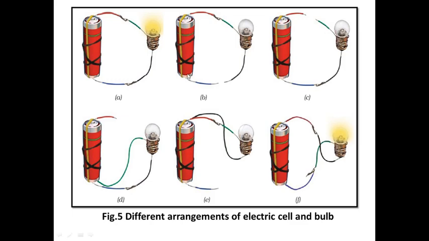See, B is also an arrangement. Here is also an electric cell, here is also an electric bulb. The wires are also there, but these wires are not connected, and that's why the current cannot flow, or the electricity is not there. And if the bulb is not getting electricity, how can the bulb glow?